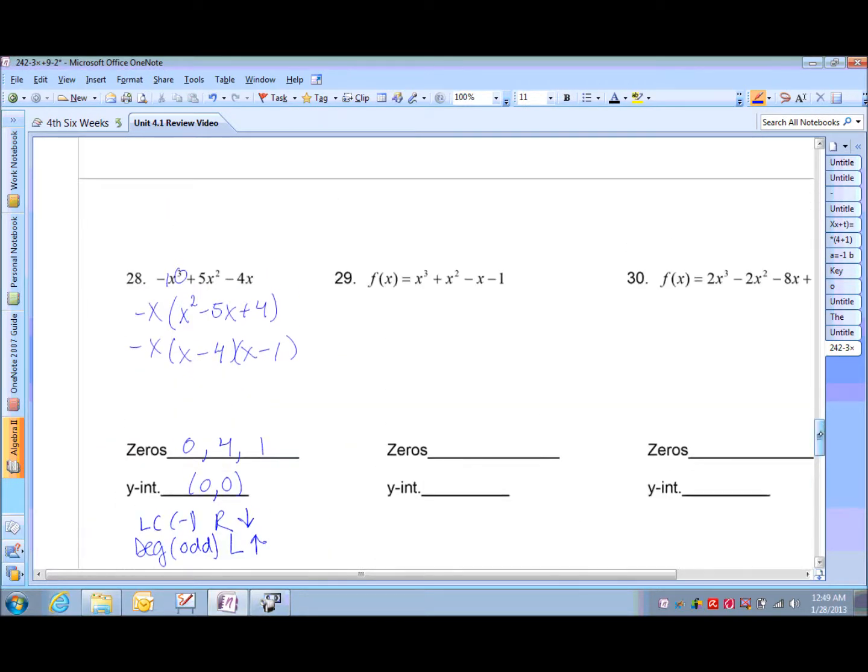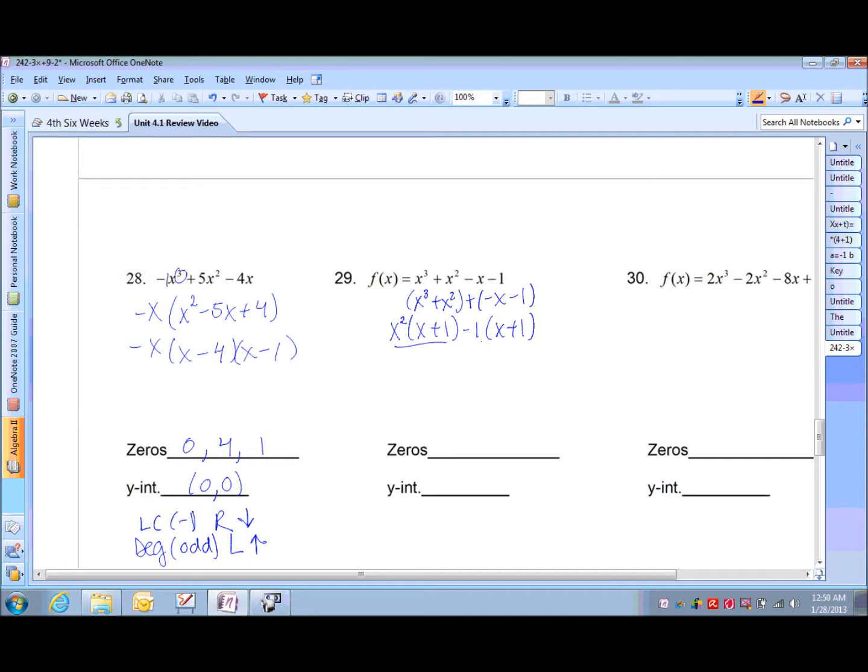Okay, let's move on to problem 29. Here, we need to factor this polynomial, and I'm going to choose to factor it by grouping. So I group the first two terms together, and the second two terms together. I pull out the GCF of the first set of parentheses, so I pull out an x squared, and I'm left with x plus 1. And in the second one, I'm going to pull out a negative 1, and again, I'm left with x plus 1.